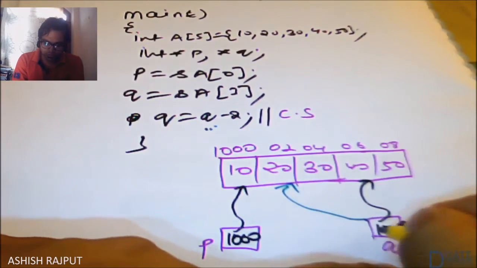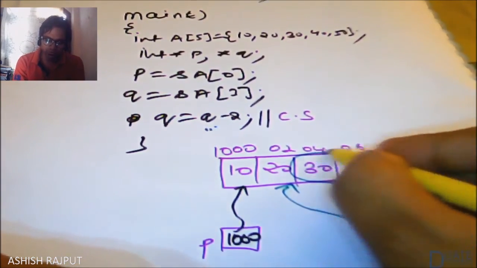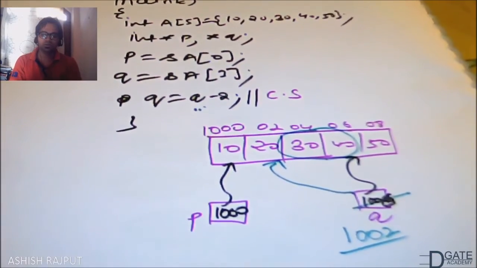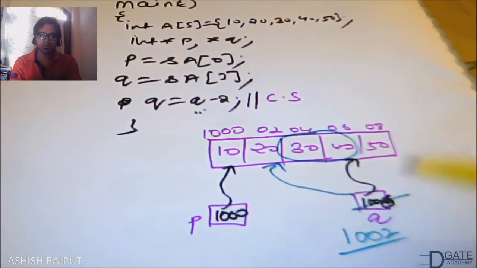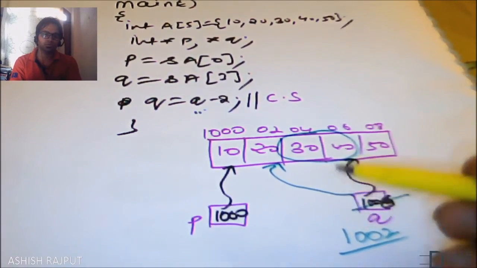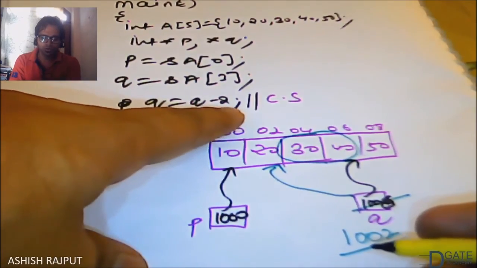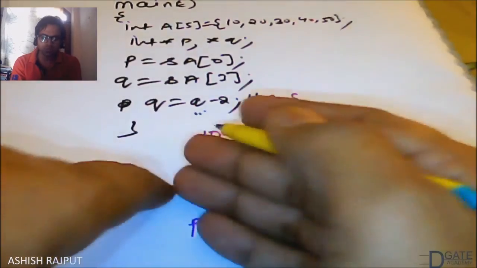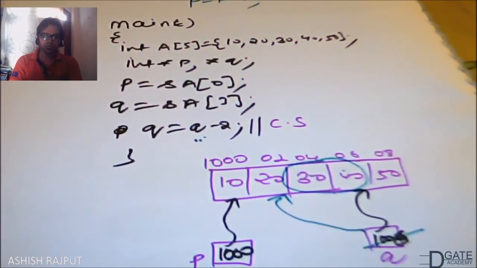So move two locations. The new address will be 1002 and the previous address was 1006, so replace 1006 with 1002. Why? Because Q = Q - 2, so move two elements backward. So this is about constant subtraction.